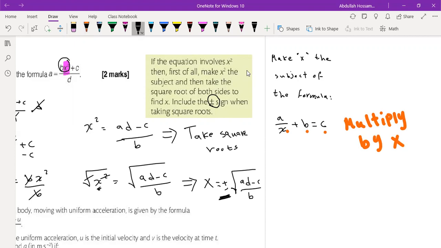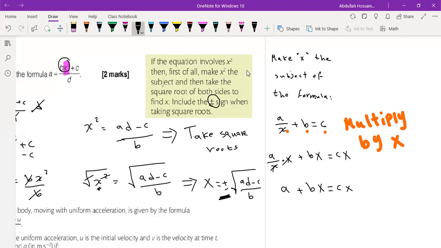So ax over x plus bx equals cx. And then you have a plus bx equals cx.